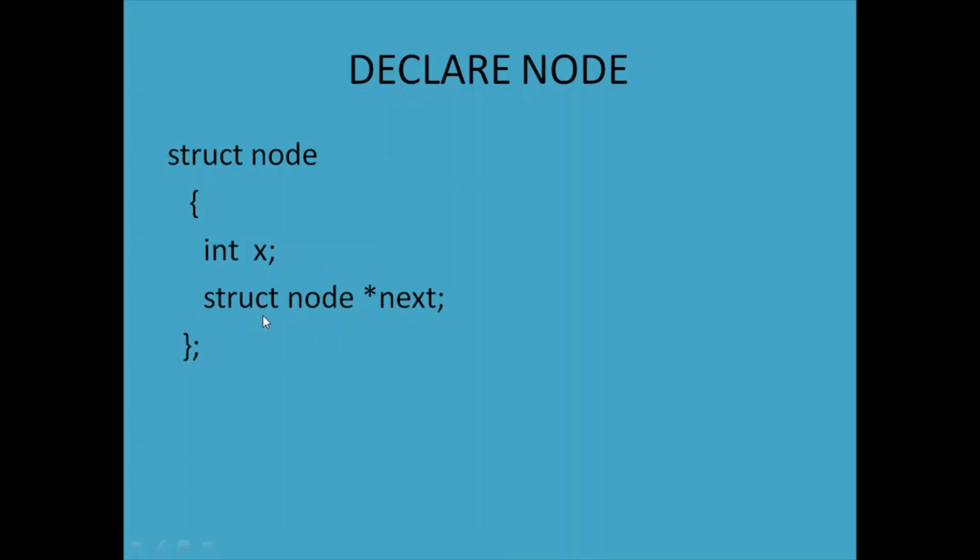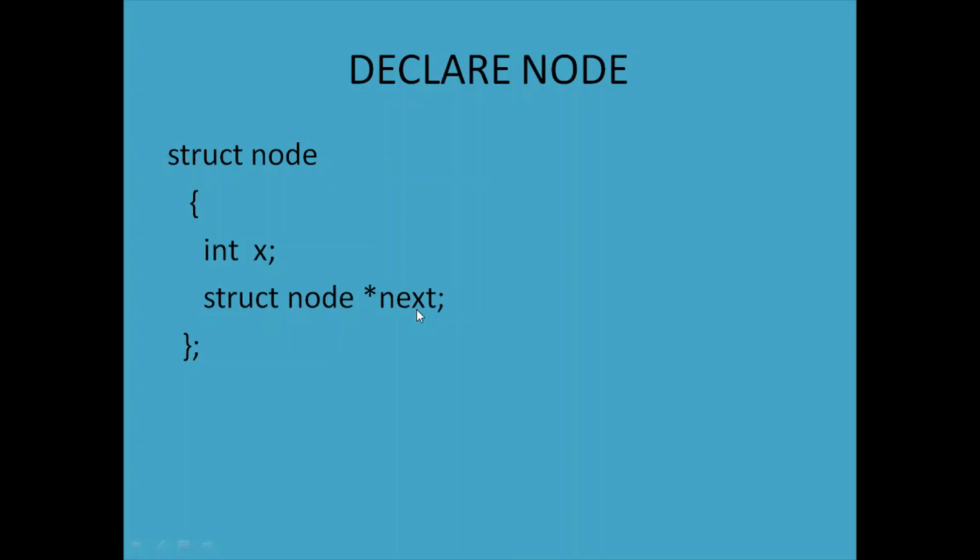But in the second line, what I have is, I want to declare a pointer which stores the address of the successive nodes. So here again, I say struct node star, and the pointer name is next. The pointer name is next.